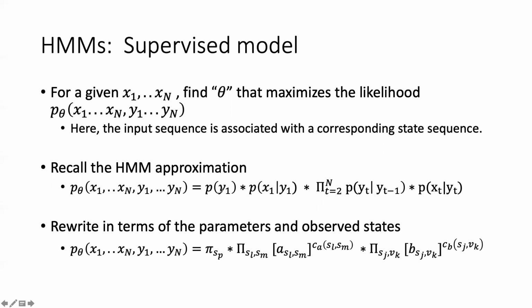We can rewrite this expression in terms of model parameters. These are the initial probabilities, and p of y_t given y_t minus 1 is the transition probabilities, which are represented by A's. A_{s_l, s_m} indicates the state transition from s_l to s_m, and C_A(s_l, s_m) indicates the number of transitions from state s_l to s_m, and B_j's are the emission probabilities, and C_B indicates the number of emissions of the word v_k from the state s_j.